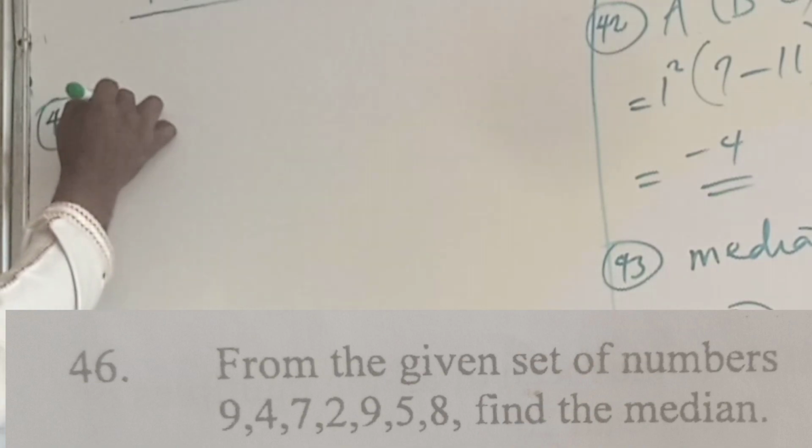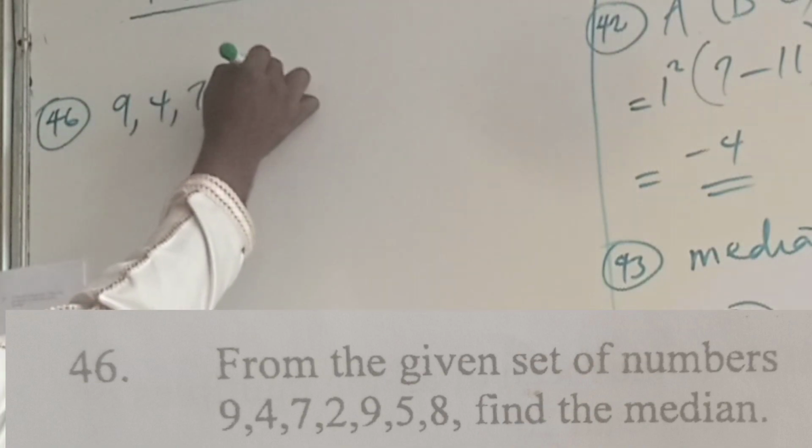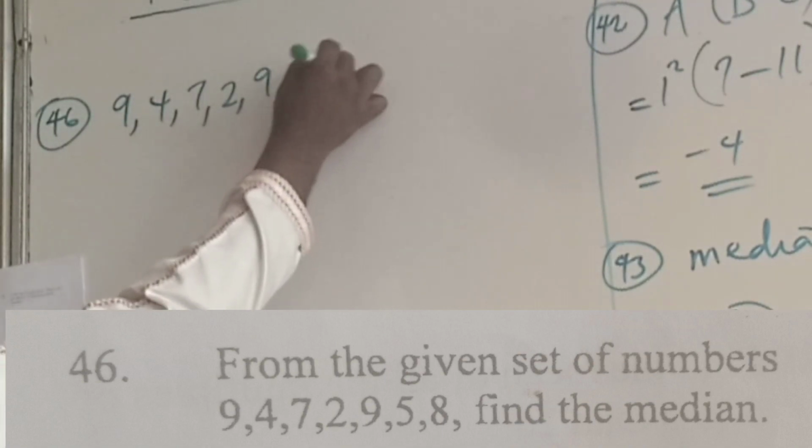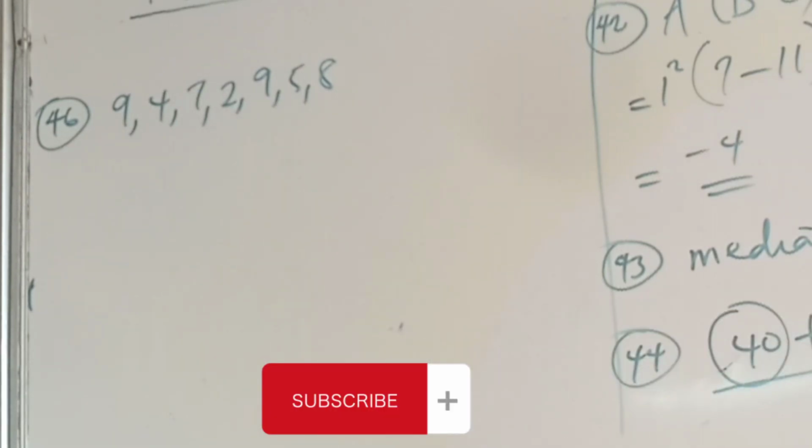For this given set of numbers, these are the numbers 9, 4, 7, 2, 9, 5, 8. Find the median. Before you can find the median here, you have to do what? You rearrange them in order of magnitude. So that means we can start from the highest number or we start from the what?